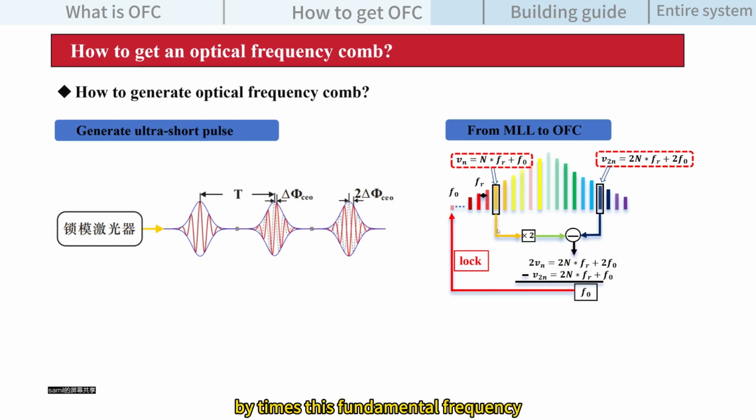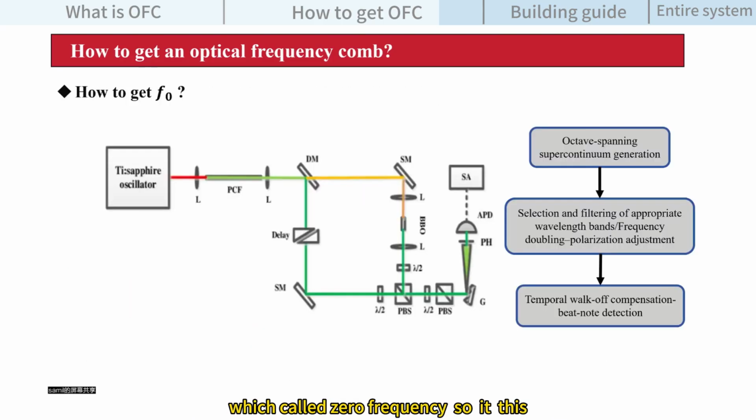By doubling this fundamental frequency, we get 2n times repetition frequency plus 2 times the zero frequency. We subtract the twice frequency from it, and we get the carrier envelope offset frequency, which we call the zero frequency. So this is very simple.